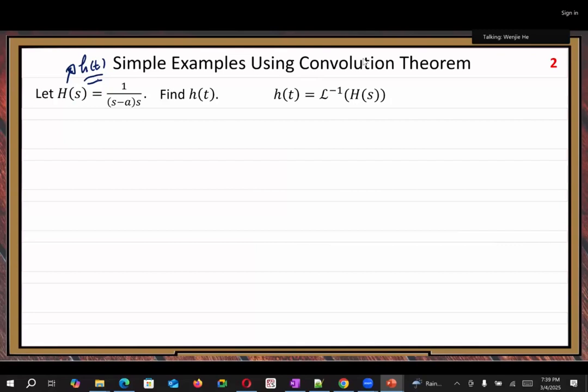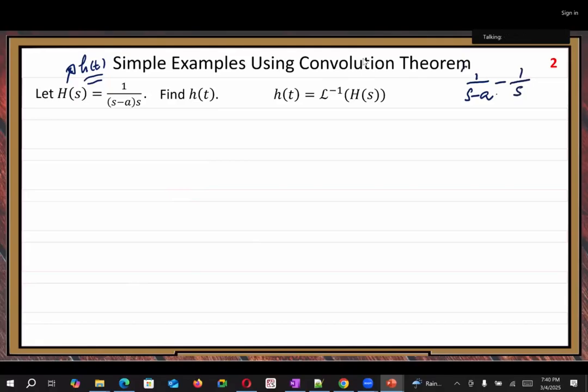When we do the split, I show you one fraction minus another fraction. For the first fraction, we should use the smaller factor, so that is 1 over s minus a. The second fraction, 1 over s.